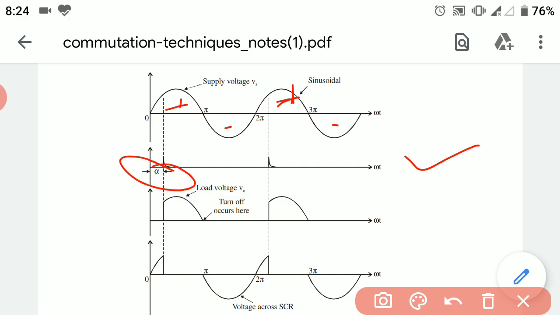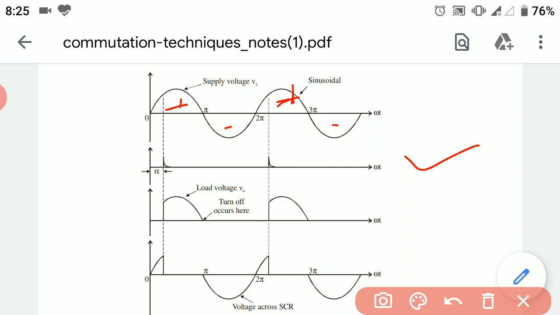This alpha angle is the firing angle, the angle at which the thyristor has to be turned on. Using this firing angle, we can turn on the thyristor at any instant during the positive half cycle.